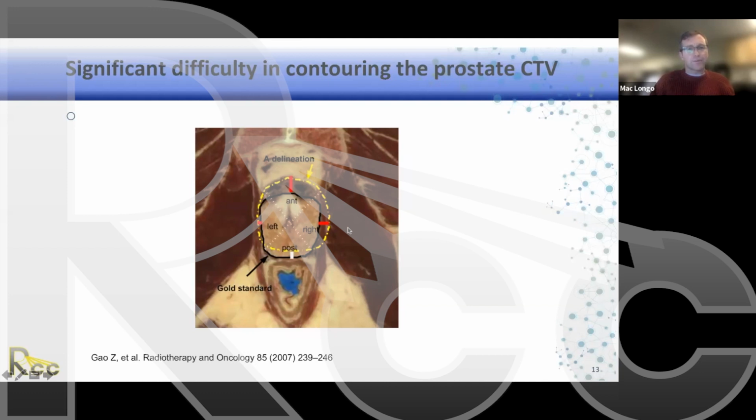And that was superimposed upon a 3 millimeter CT pelvis, and radiation oncologists were asked to contour. And those contours were compared to the, again, anatomic gold standard. And what this study demonstrated is that people over contoured the prostate by about 30%.